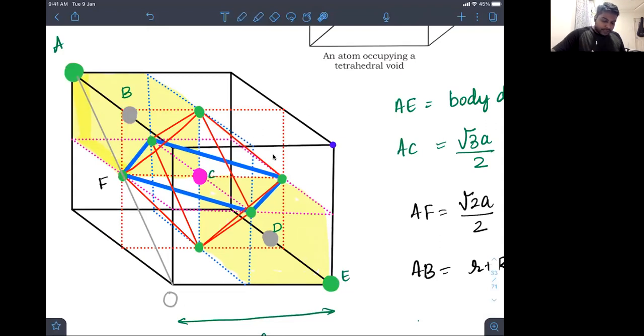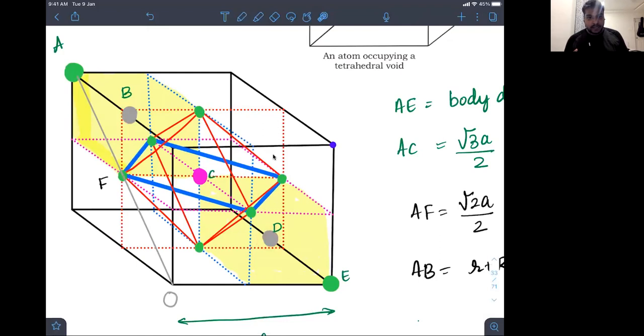But if you have noticed, the same type of void will be formed on the other side of the corner also, where I can take these 3 faces to connect each other, and this corner can connect all of these 3 touching each other. Then exactly at the center, we will have a tetrahedral void.